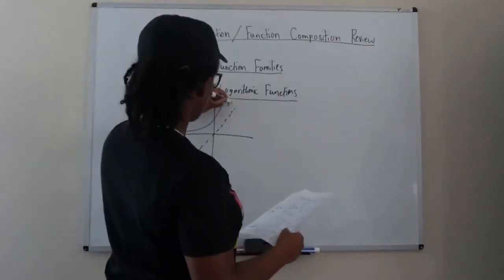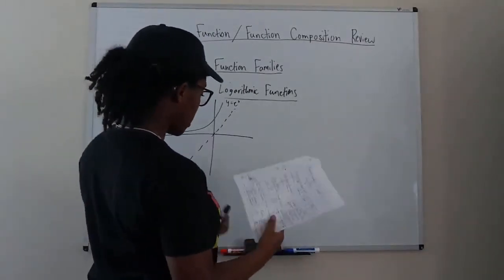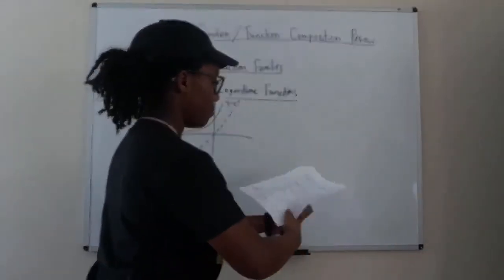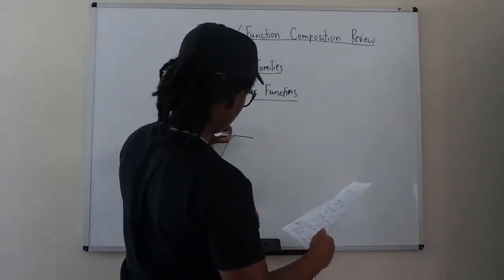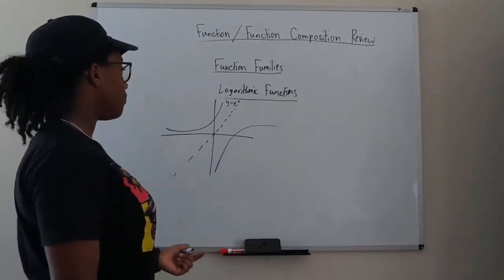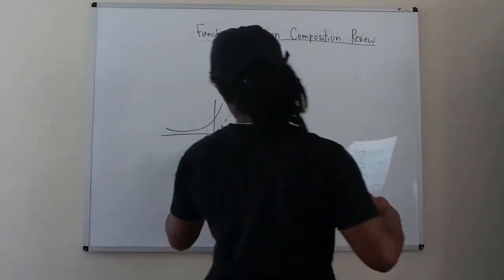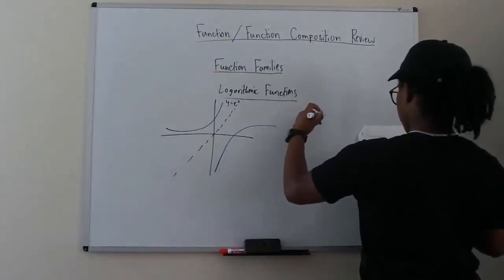This function is y is equal to e to the x. And then this function that I'm going to draw in blue is going to be the logarithmic function. It's not the best drawing, but that's basically what they look like, and they're mirrored over each other over the line y equals x because they're inverse functions.